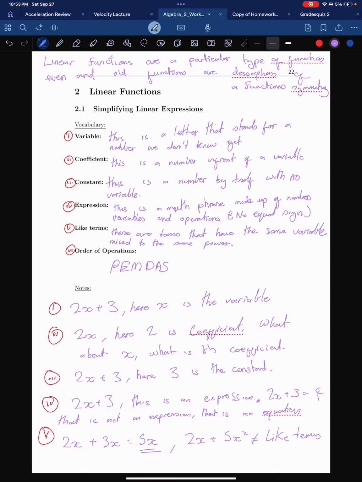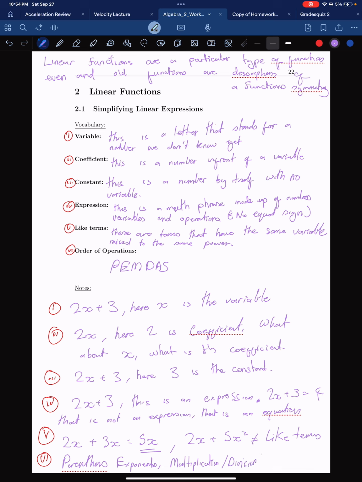So you start by your parentheses, exponents, then you do any multiplication you need to do, multiplication or division, if you like.